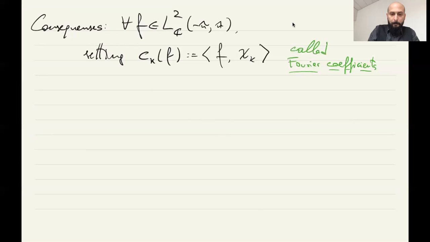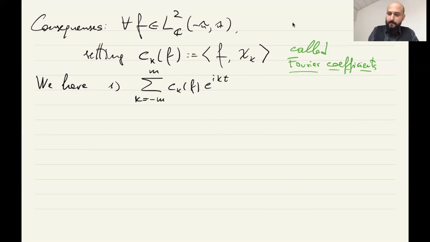Then we have, if we sum these coefficients multiplied by the functions e^{ikt}, with k going from minus m to m, as m goes to infinity, in the norm, in the topology of L2, this converges to the function f.